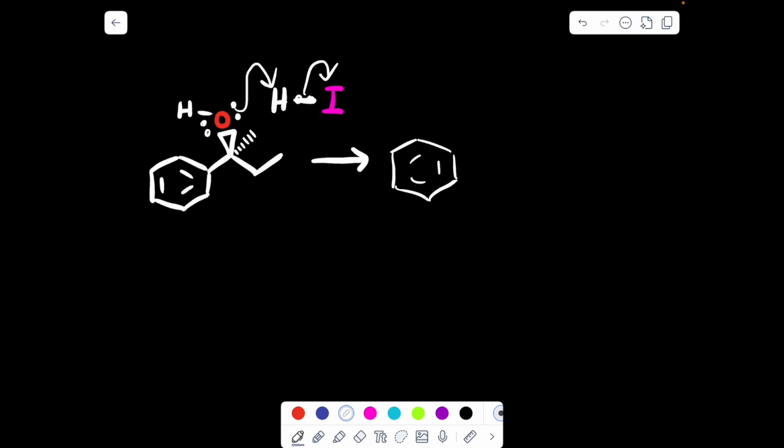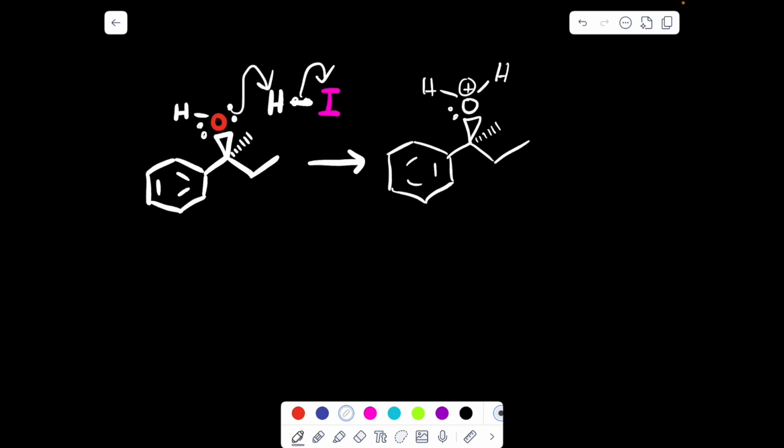Because the oxygen grabbed a proton, it is going to lose an electron to that hydrogen that it grabbed and become cationic. And we know when we get OH2+, that we have the best leaving group ever. Yay! So what's going to happen is it's going to leave. Leaving groups like to leave, especially OH2+. Peace out.